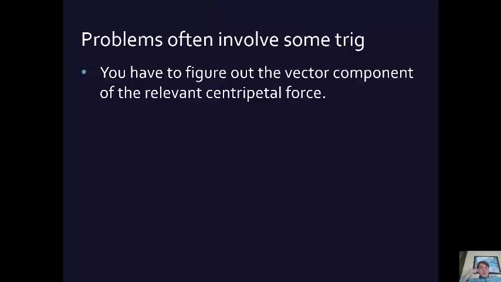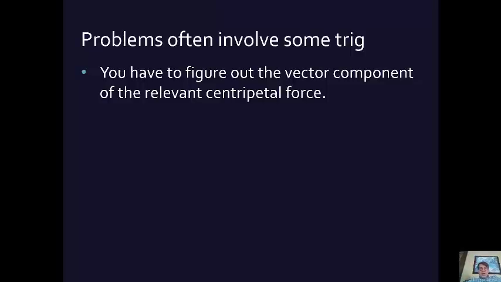Okay? Now, problems in this arena often involve a little trigonometry. So sometimes you have to figure out what vector component is that inward acceleration. Let's say, for example, one of the examples in this section is a conical pendulum that spins in a circle. Well, the force is not straight toward the center. You have this wire or whatever that's coming down, and it's spinning like this, and so the inward centripetal force is only a component of the force.